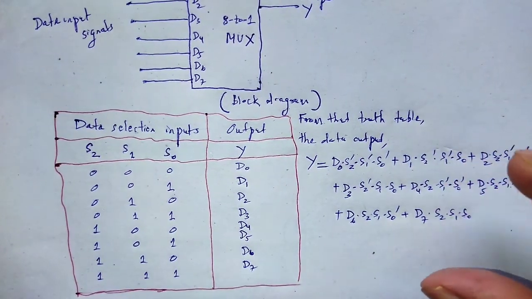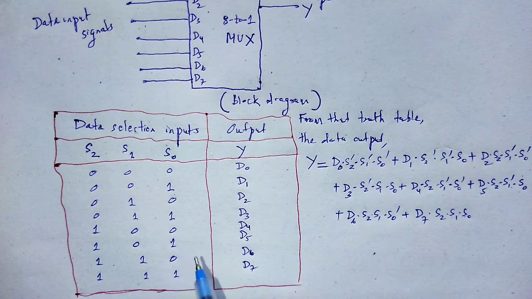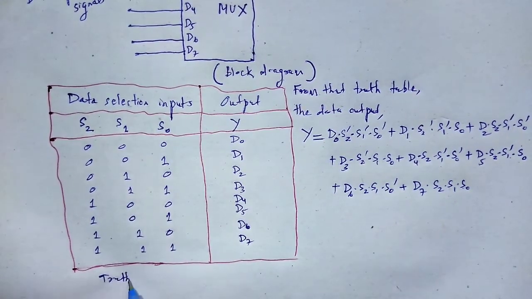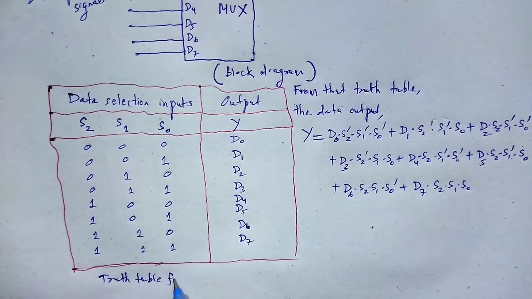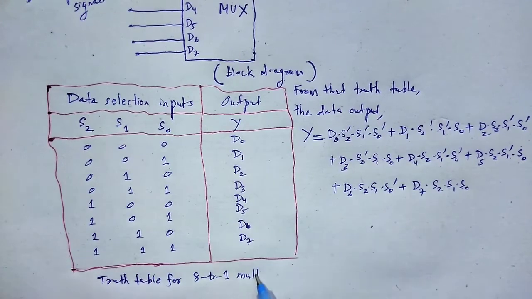That is the Boolean expression from that truth table for 8 to 1 multiplexer. This is the truth table for 8 to 1 multiplexer.